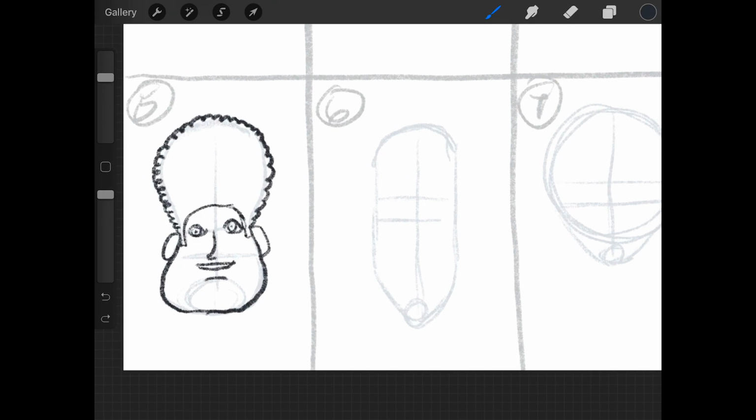All right, here again, eyes on the eye line, nose on the nose line, mouth between the nose line and the chin. My goodness, that's a really, really big mouth. Ears between the eye line and the nose line.